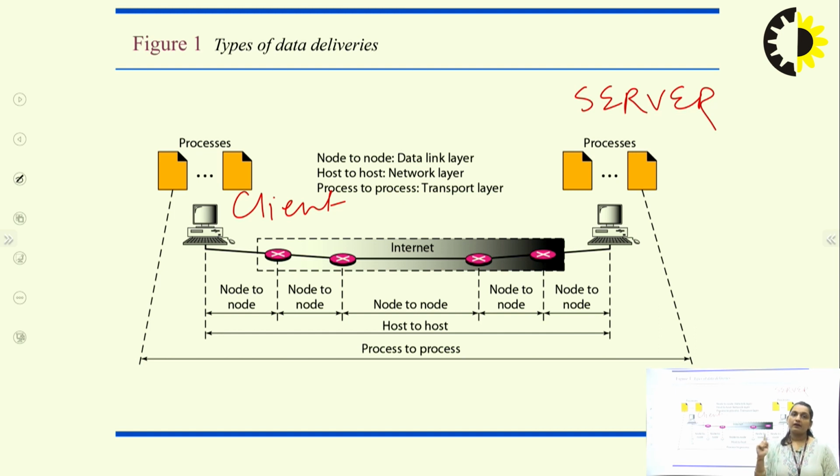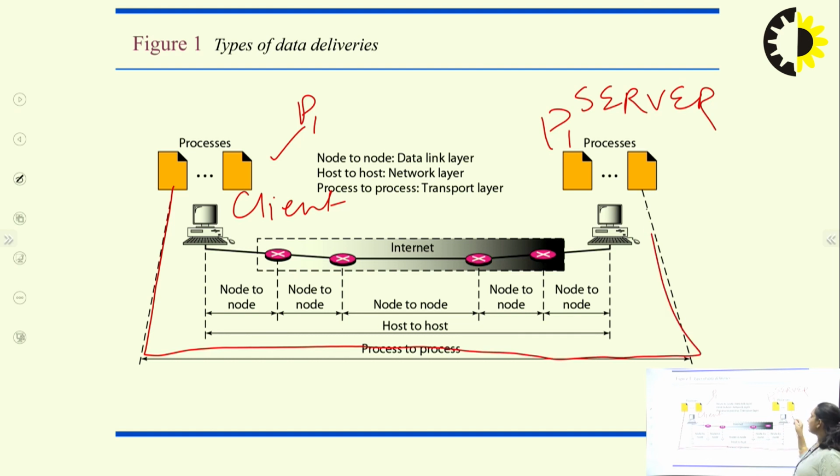The same process is running on the destination side also, because process compatibility is a must. So process P1 is running here, and the same P1 process with the same data type has to be running here also. So process to process delivery will be handled by the transport layer.